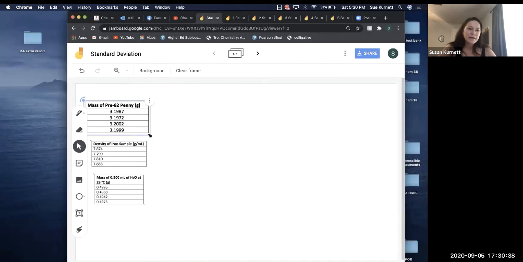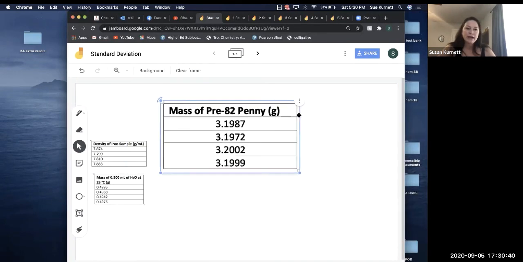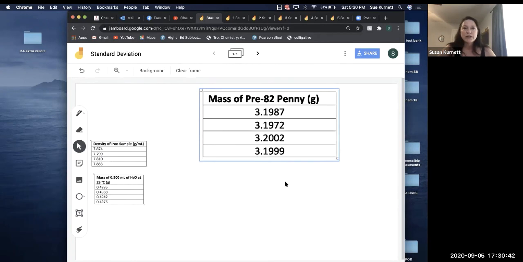So here we have some pre-82 pennies, and here are some values. My goal is for you to report the average and the standard deviation, and when you report it, it should look like this. For the pennies, you would report the average. We're looking at grams, and that's a mass.